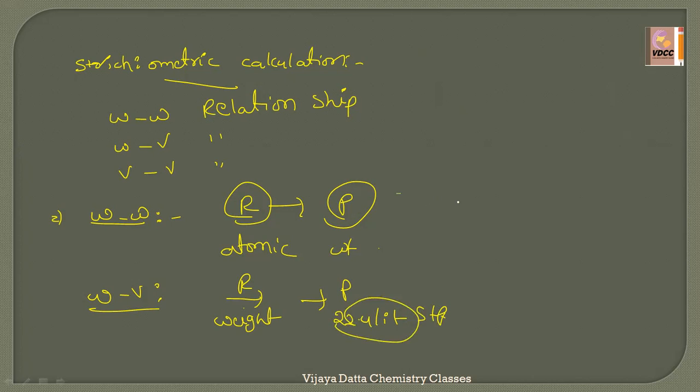Suppose they ask the volume relationship, the volume relation between the reactants and products. Then for both reactants and products we have to take volume at STP, that is 22.4 liters and 22.4 liters. So I think you now get what this atomic weight and this volume mean. Let us do some numericals, then you will understand.